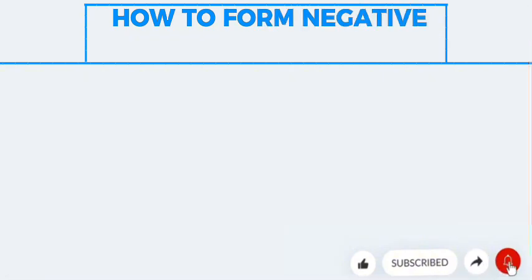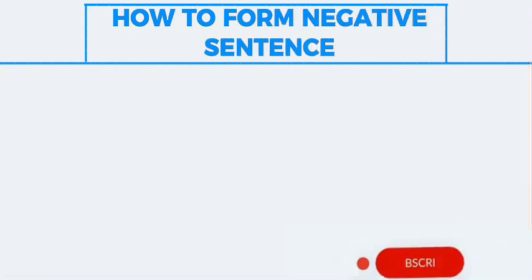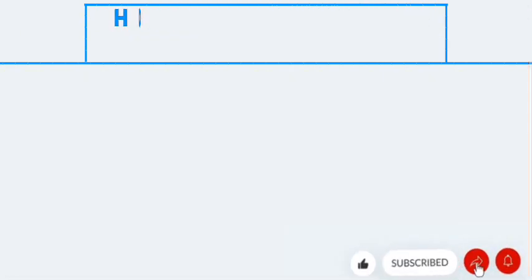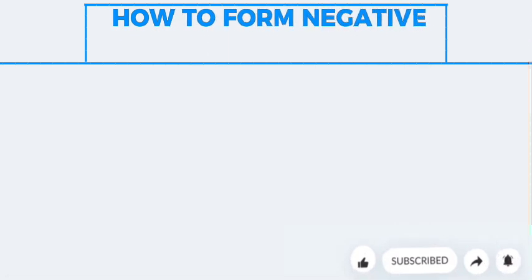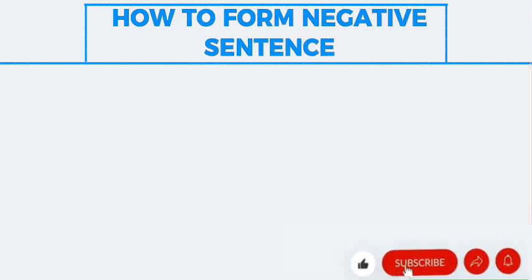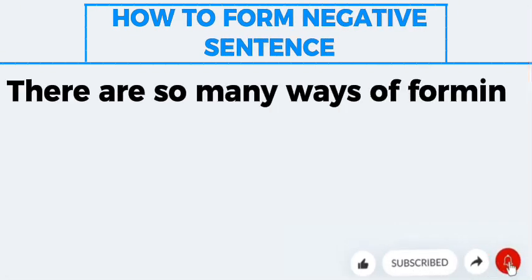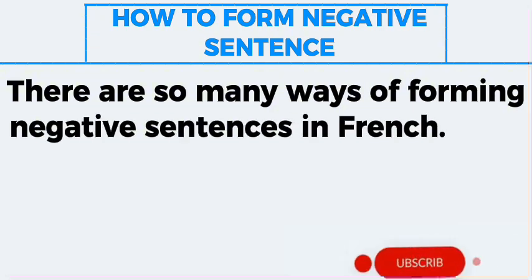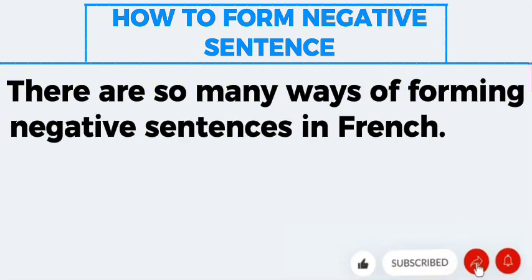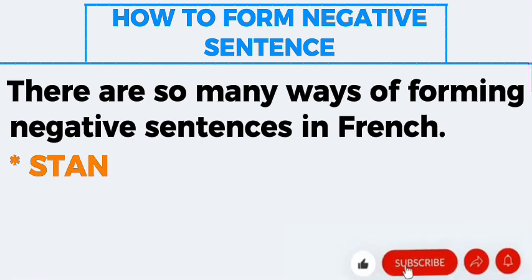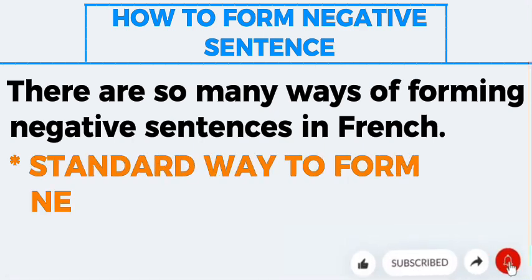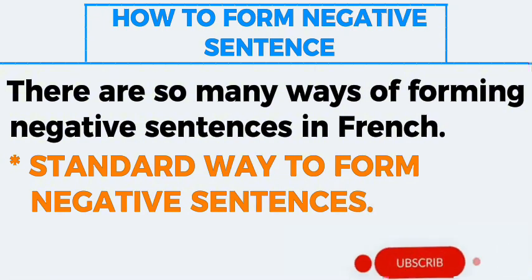Just as I mentioned previously, in today's wonderful class, we will take a look at how to form negative sentences in French. There are so many ways to form negative sentences in French. But in this video, we are going to look at the standard way of forming a negative sentence in French.